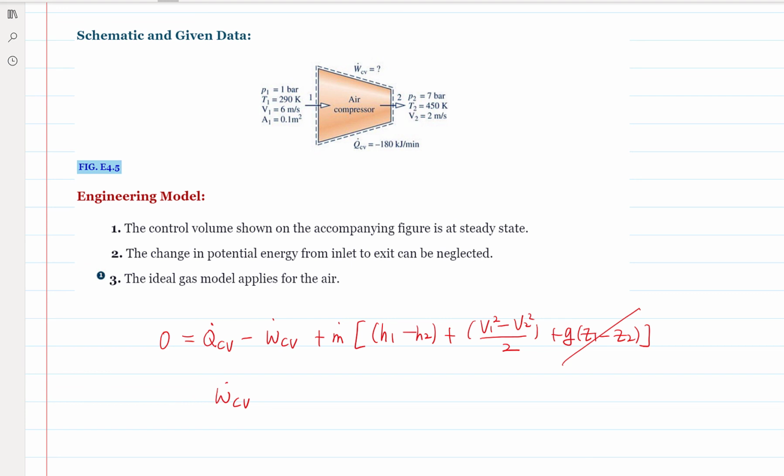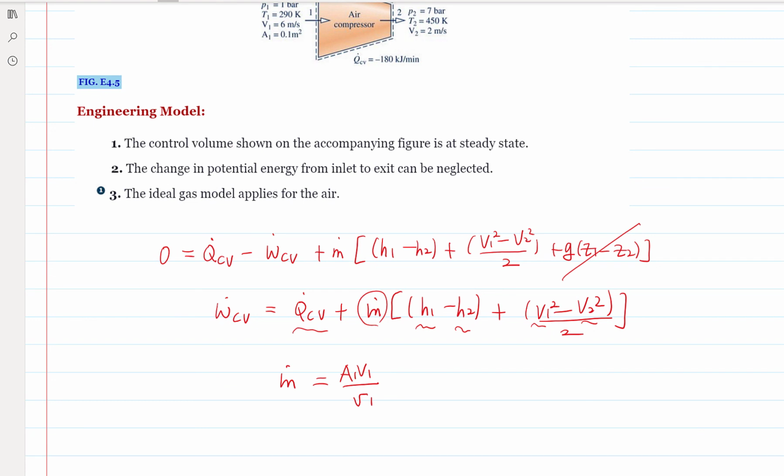So we solve it for work. So we know the heat loss to the surroundings. We fix the state at the inlet and outlet, so we can determine enthalpy at the inlet and outlet. The velocities at the inlet and outlet are given. The only unknown here is m dot, the mass flow rate.